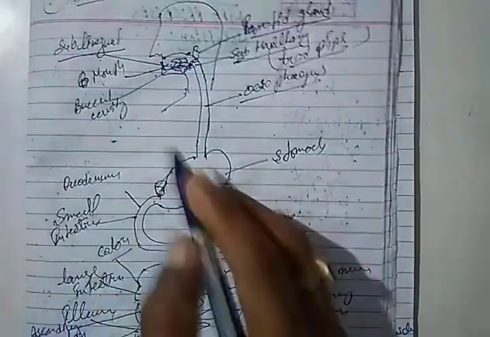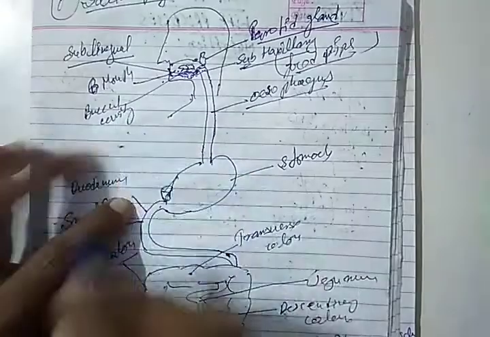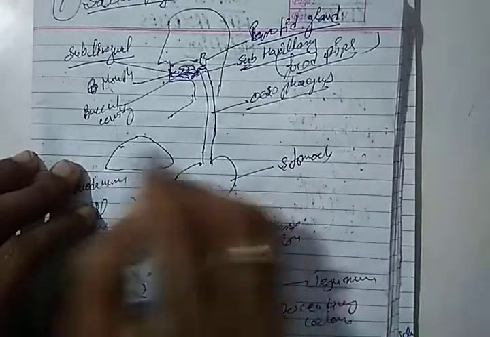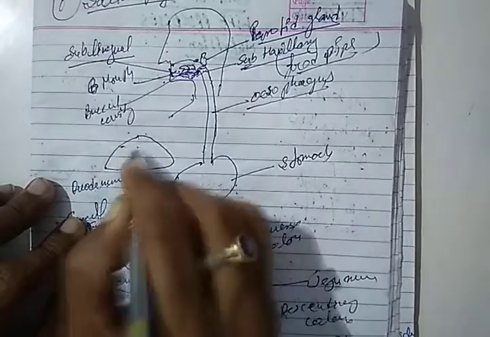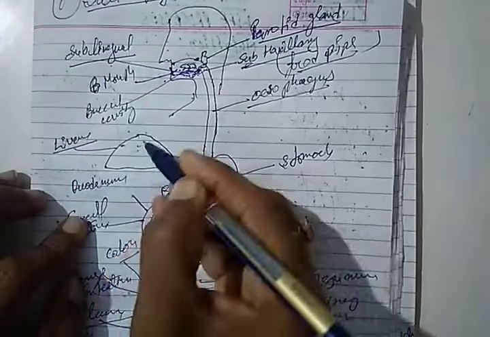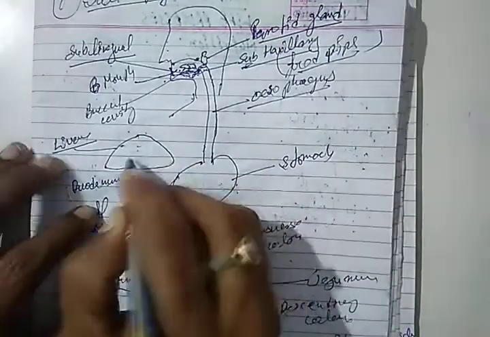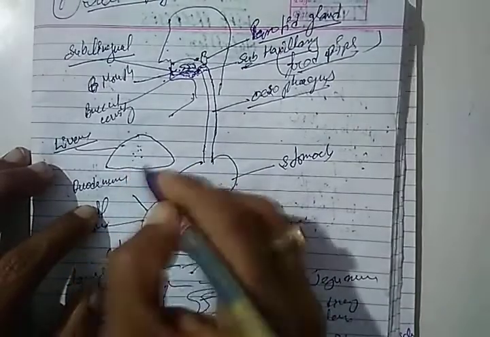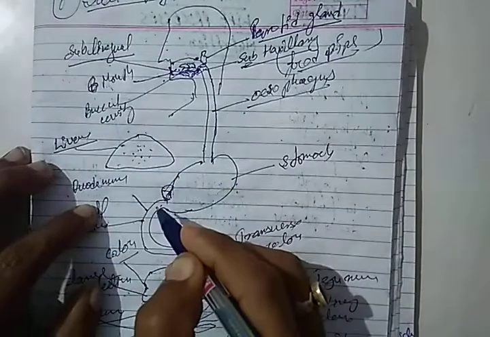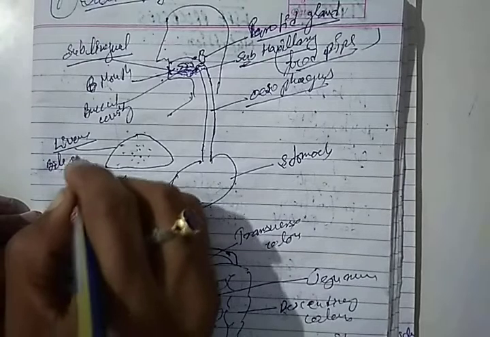The second very important digestive gland is your liver. Your liver is situated just below your thoracic cavity, and it secretes a digestive juice, that is bile juice.